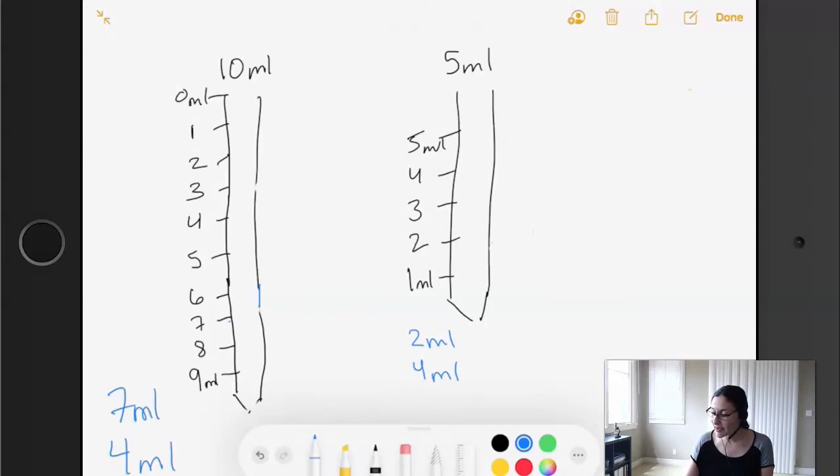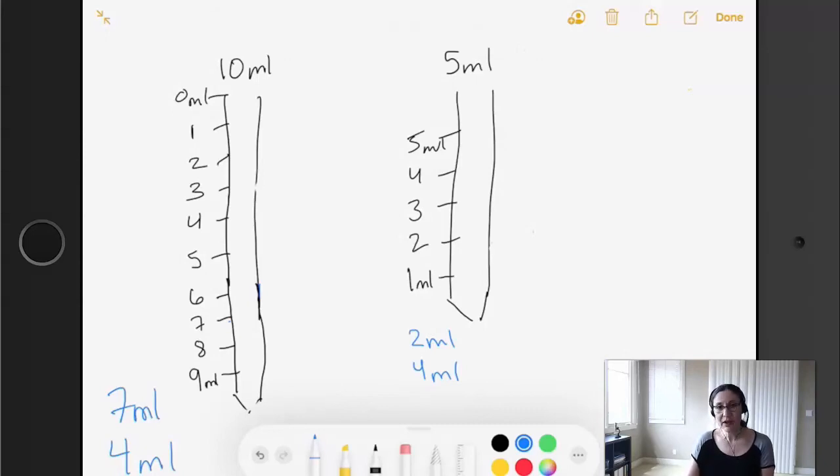On my 10 ml pipette, the way that I drew my graduations is the way that we use them in a research lab. Either way is fine, they're labeled both ways, but the way that I labeled my 10 ml pipette was 9 mLs, 8, 7, 6, 5, 4, 3, 2, 1, 0 mLs.